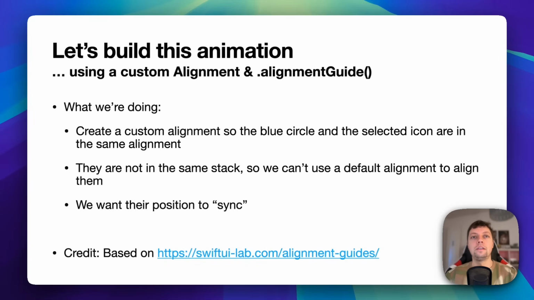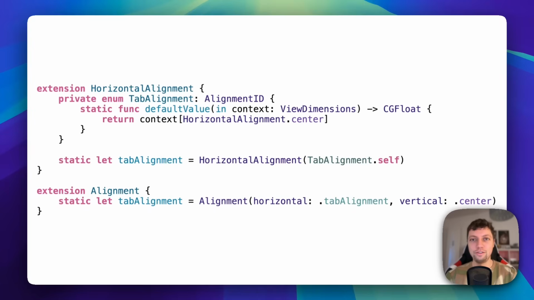The following implementation is based on a great article from SwiftUI Lab, which I've also linked in the video description if you want to check it out. This should look familiar to you because it's very similar to the .leading alignment implementation we did a few minutes ago. So now we're creating a tab alignment ID. And this is also a horizontal alignment.